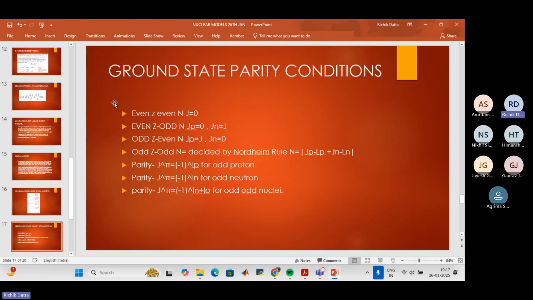We have got the shell structure and how to represent a nucleus in a shell model manner, that we have discussed. I will discuss some examples later on after explaining this stuff.